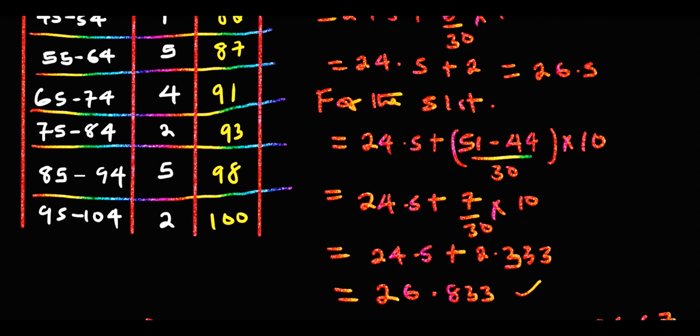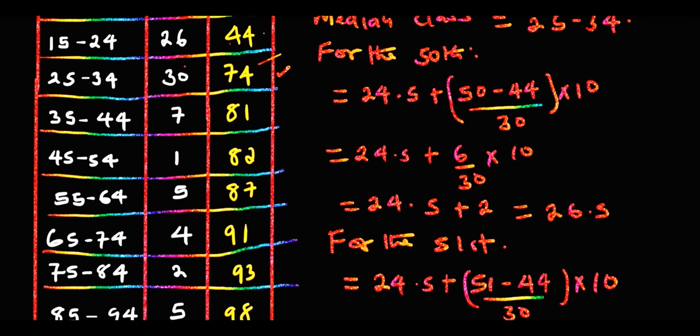So it lies in which class? So it will be in the 35-44 class, because the cumulative frequency of that is 81. We could have taken the previous one, but it's less, it is 74. But the next one is 81. So the Q3 class is 35-44, and its frequency is 7, and the cumulative frequency above it is 74.